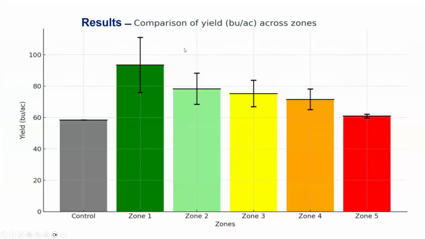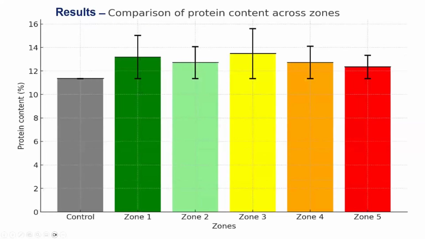When we harvested, except for one zone, which was not significant, all other 4 zones were significantly giving us higher yield. The protein level was not significantly different, though it was different because we had higher standard deviation.